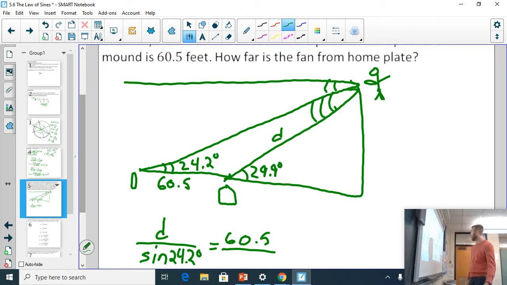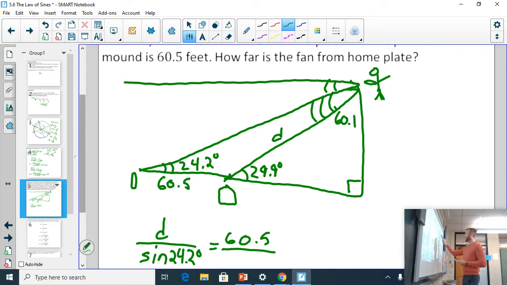And how are we going to find that angle? Well, we know this is a right angle. So then the remaining angle up there has to be 180 minus 90 minus 29.9. And that'll get us 60.1 right here.